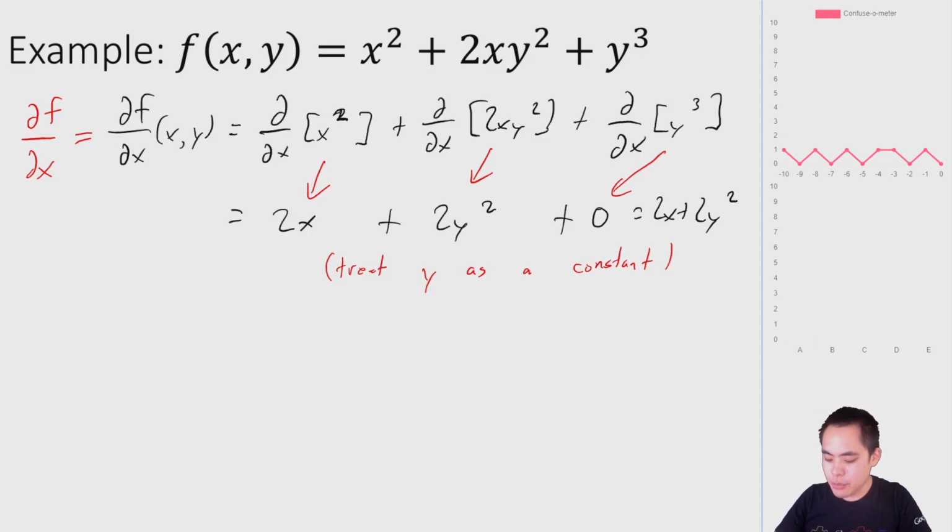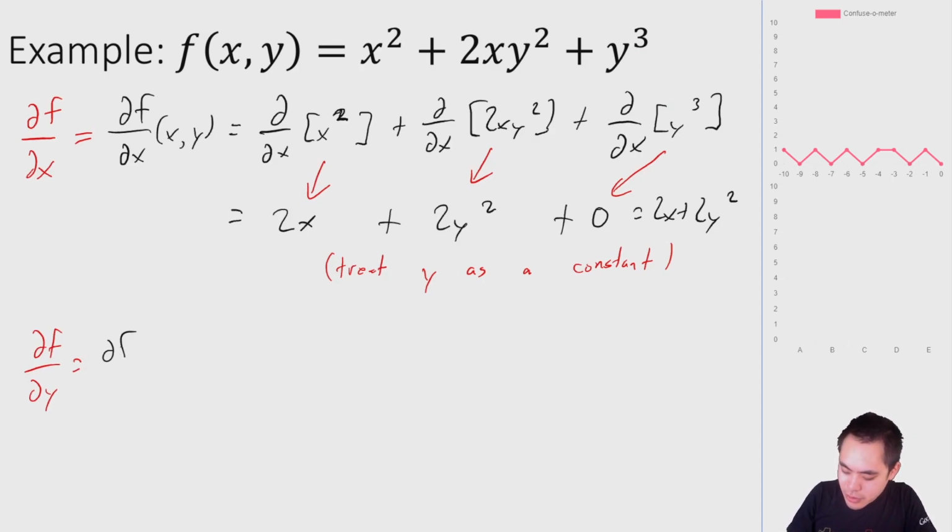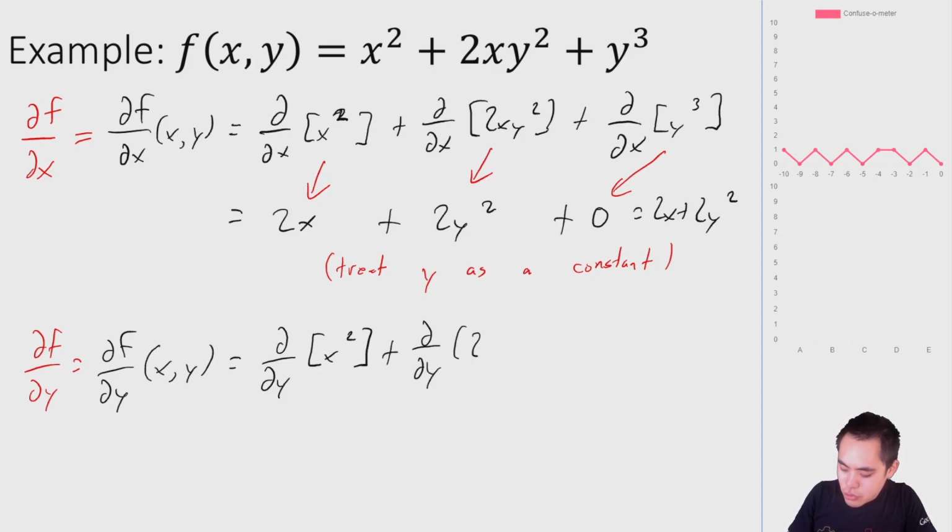But yeah, so that was del f by del x. And we can also do del f by del y. This is of course equal to del f by del y of x y, which is equal to del by del y of x squared plus del by del y of 2x y squared plus del by del y of y cubed.